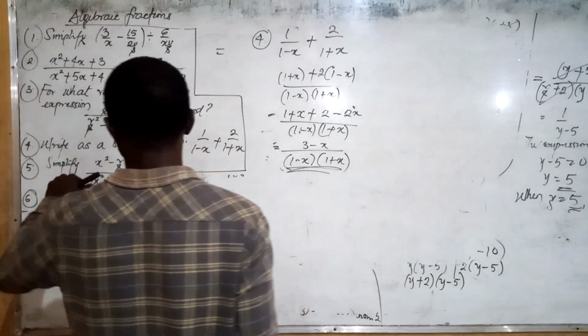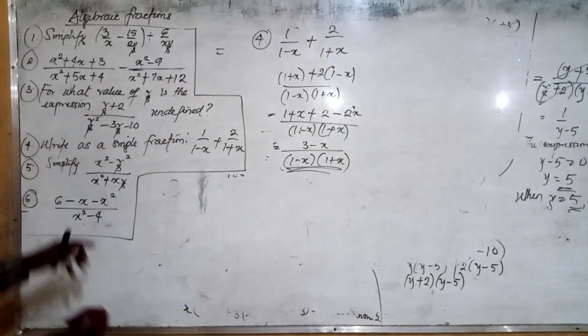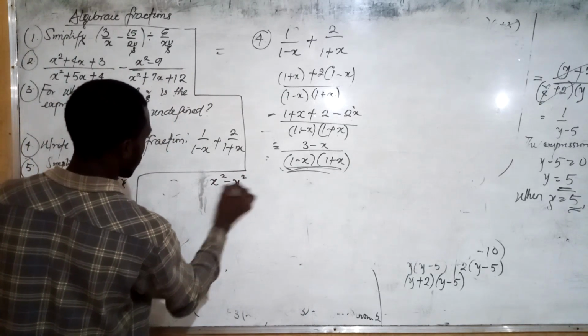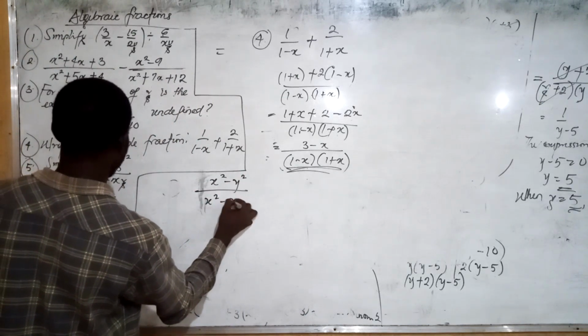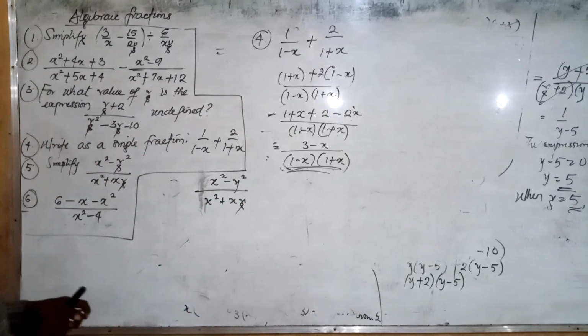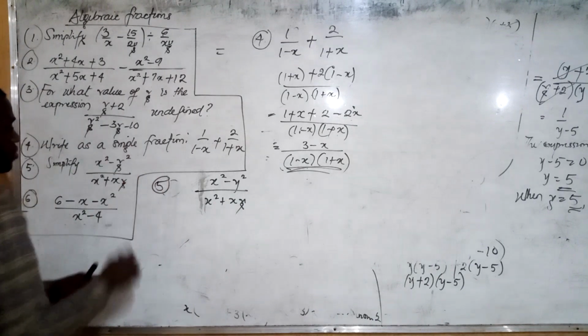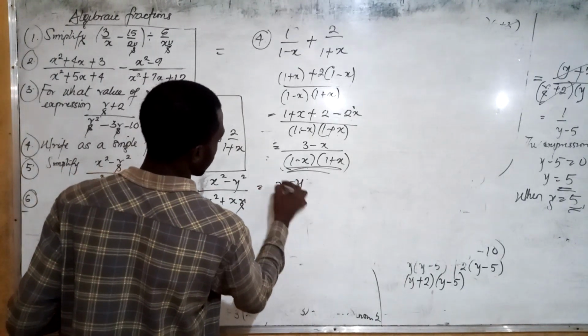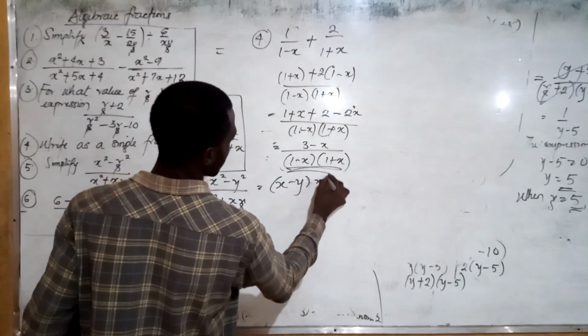Right. The next one says we should simplify this. We have to simplify x squared minus y squared over x squared minus (x plus y) squared. Okay, so this is number 5. So what we do is, this is also difference of two squares. This gives us x minus y and x plus y.